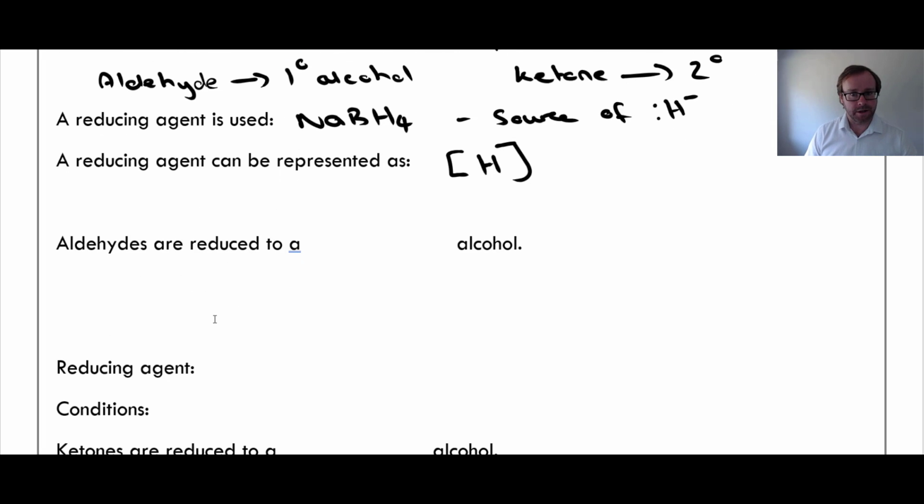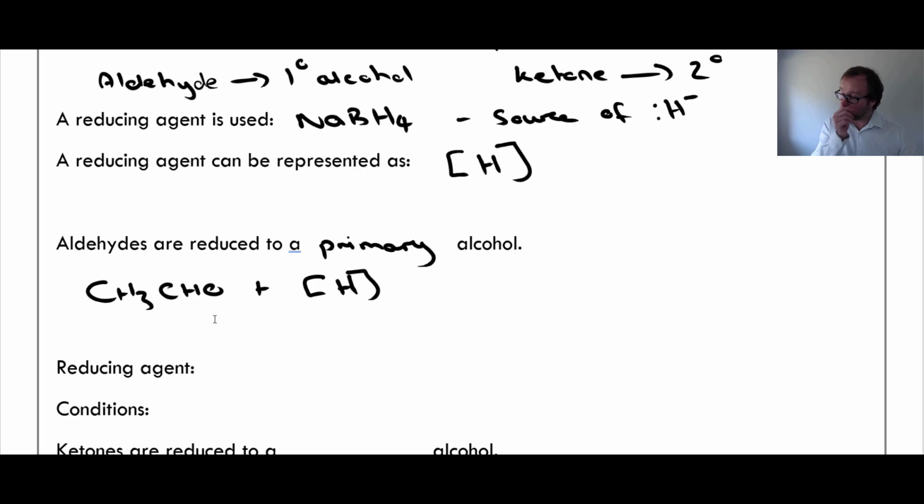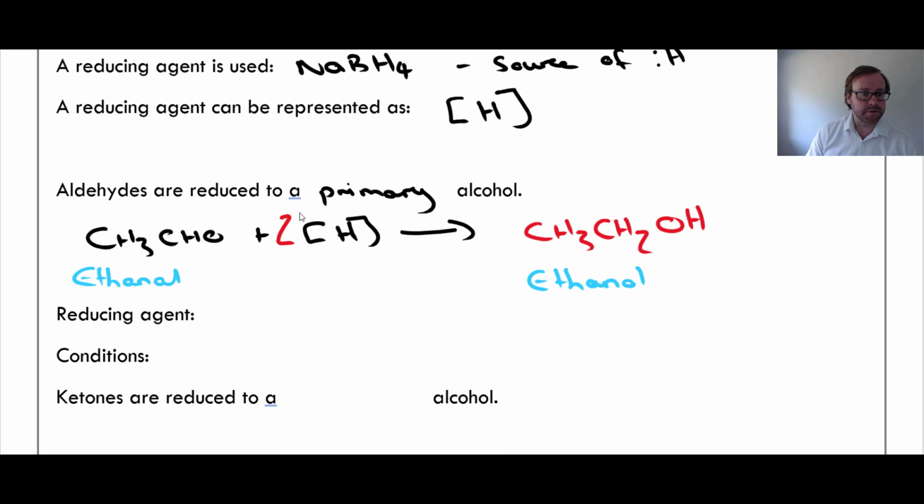Moving on. Aldehydes are reduced to a primary alcohol. I'm going to give you an aldehyde and I want to see if you can work out what the alcohol will be. I'll give you a couple of minutes. Okay, I'm sure you've been able to figure this out.